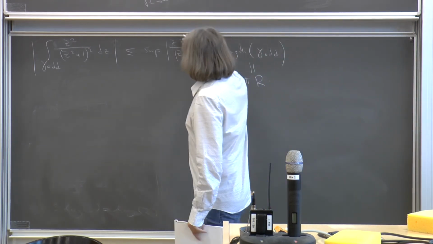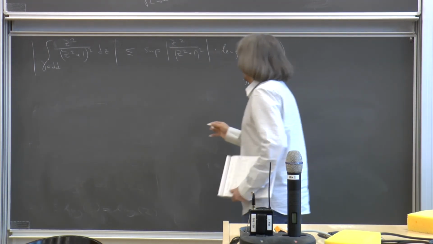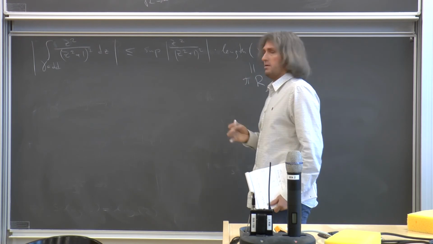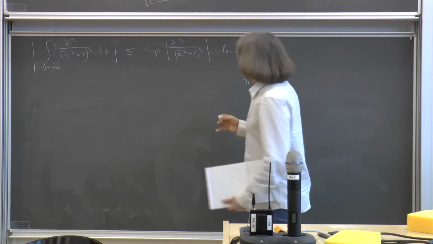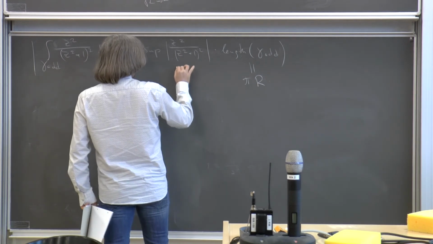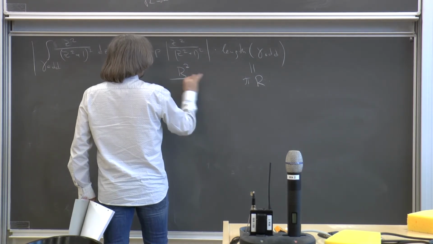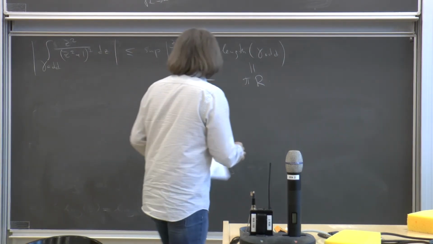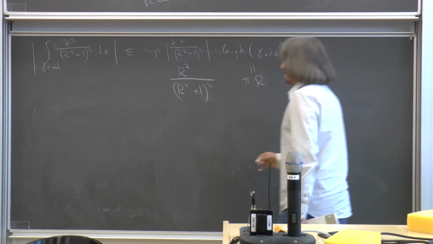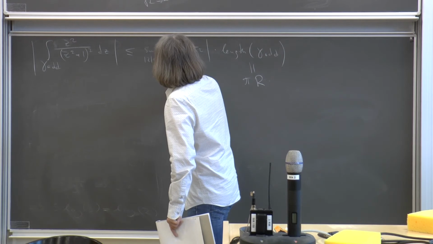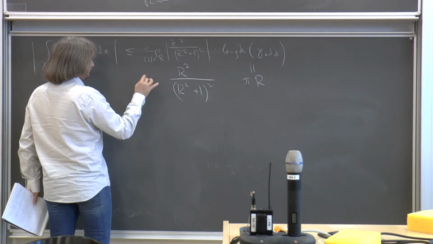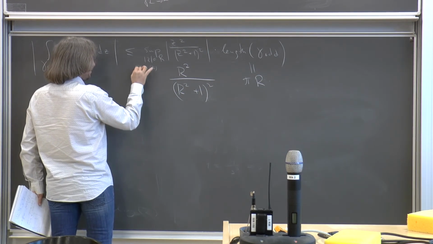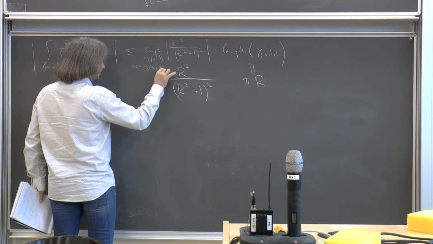Now the estimate for this is, of course, the denominator has higher power than the numerator, so the estimate is r squared over r squared plus 1 squared, and the argument is between 0 and pi.